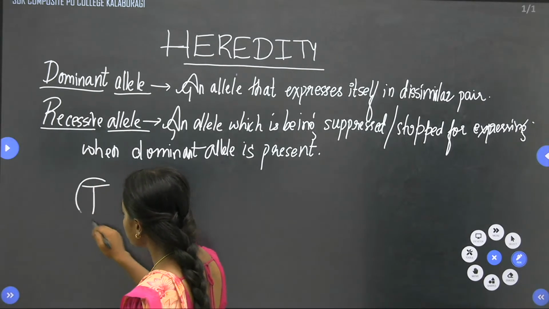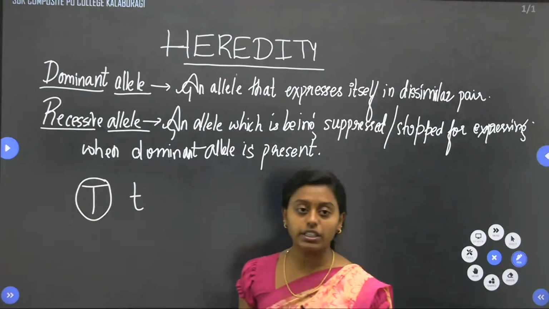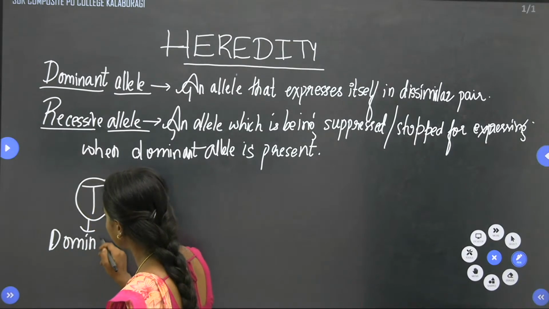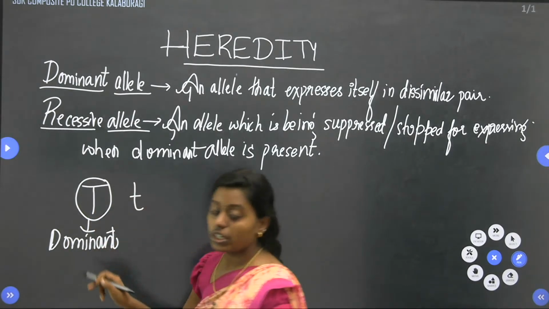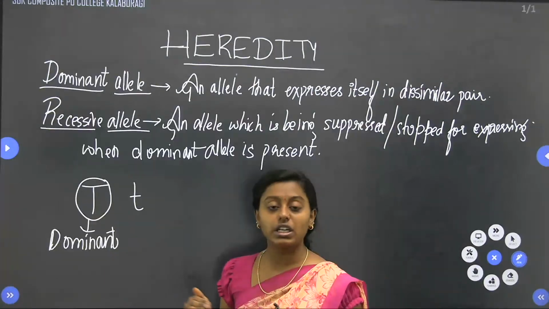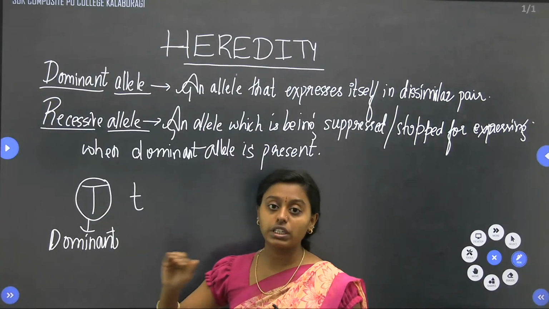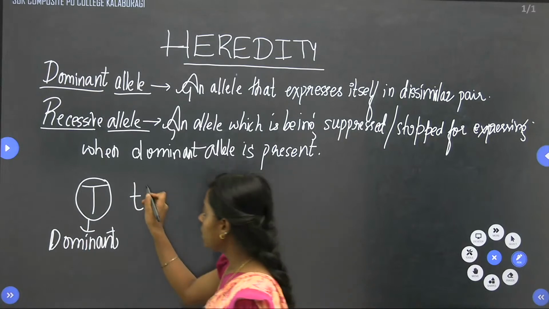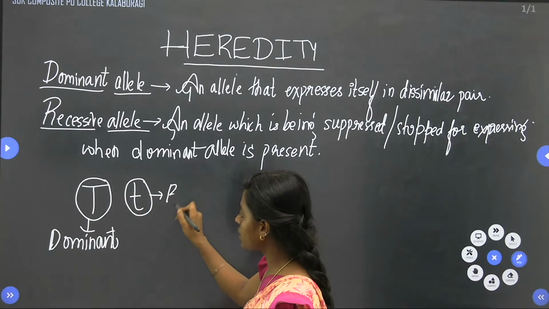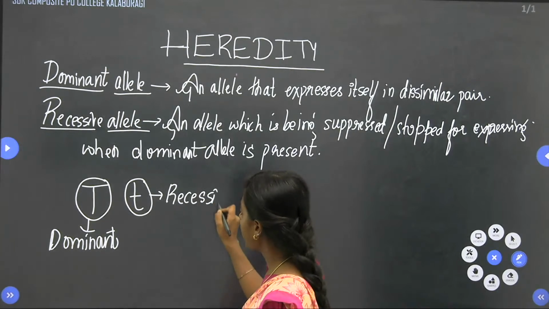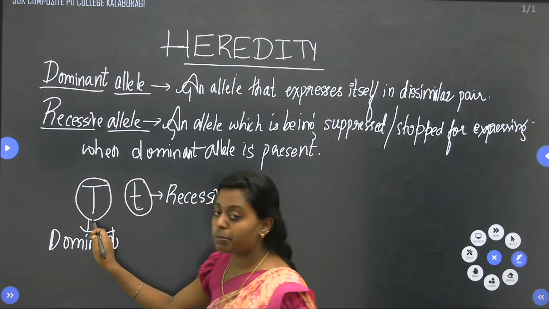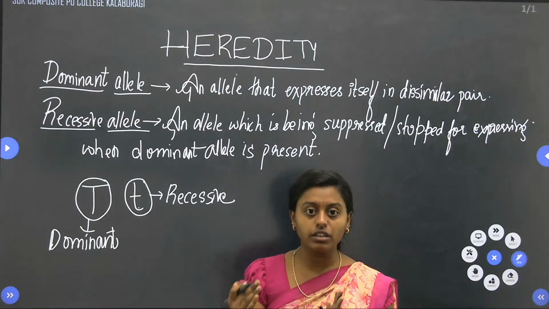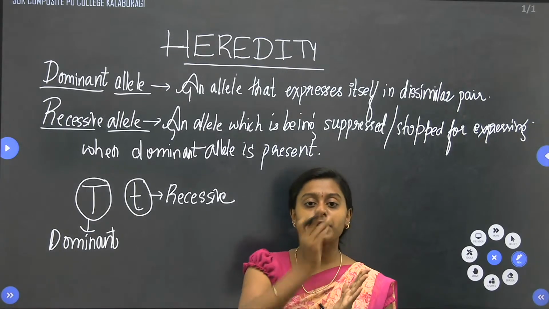One is the capital T, which is considered dominant because it dominates, and particular plants are tall in nature because this allele is responsible for tallness, whereas this small t is recessive. Means what? When small t is present along with the capital T, the dominant allele will not allow the small t to express itself.